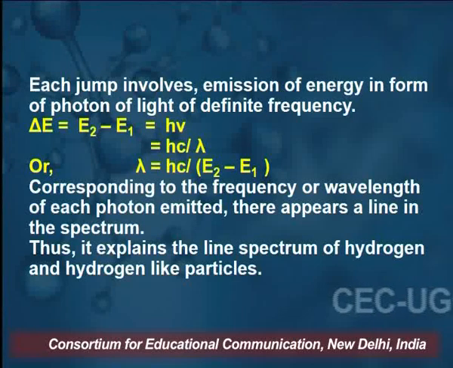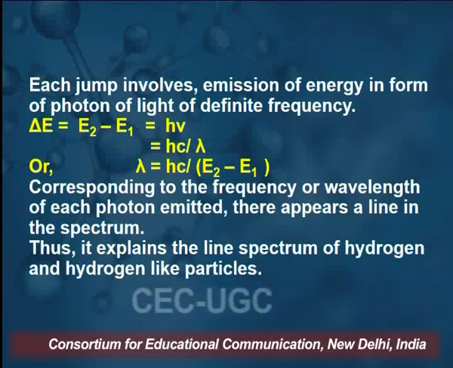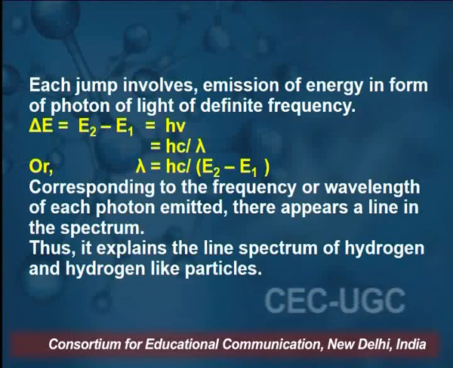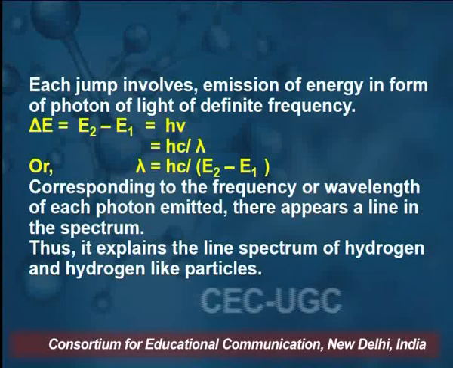As we read earlier, delta E is equal to E2 minus E1, it is equal to h nu. The frequency nu can be given by c upon lambda. So, putting the values, we get delta E is equal to hc upon lambda.